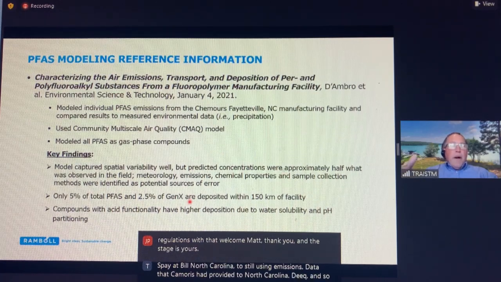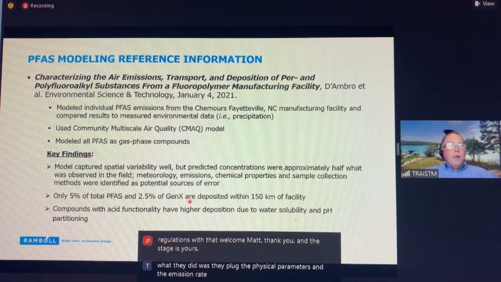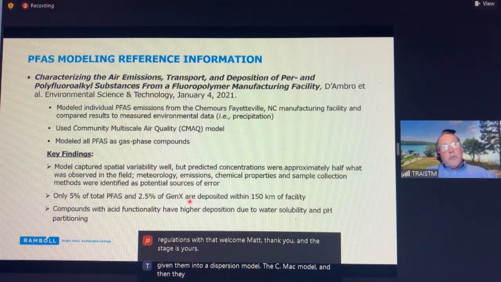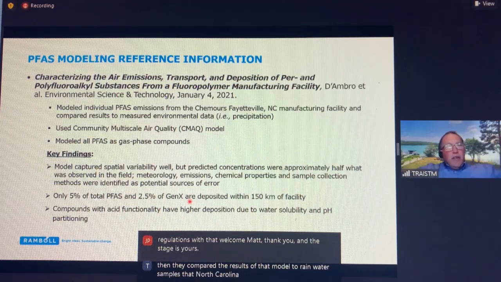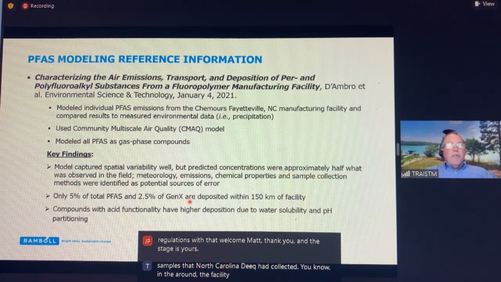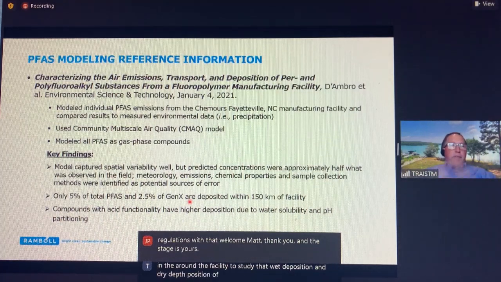What they did was plug the physical parameters and the emission rates that Chemours had given them into a dispersion model, the CMAQ model. And then they compared the results of that model to rainwater samples that North Carolina DEQ had collected around the facility to study the wet deposition and dry deposition of the PFAS compounds being emitted from Chemours.